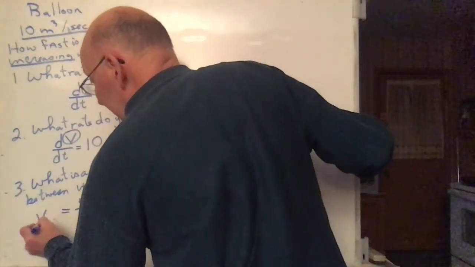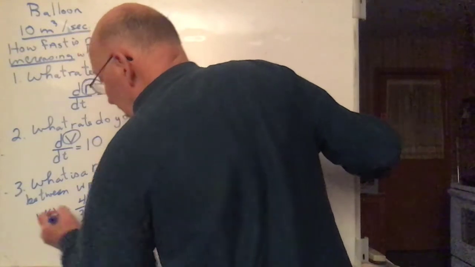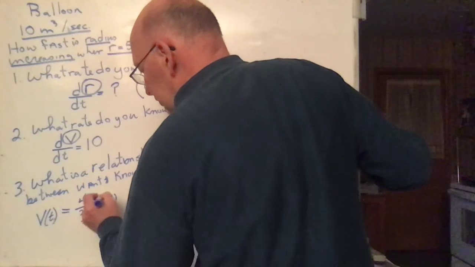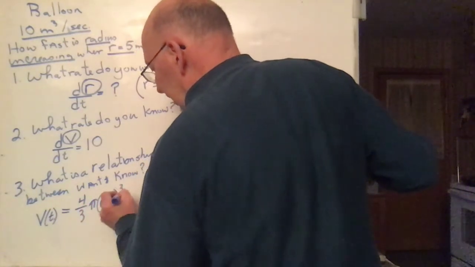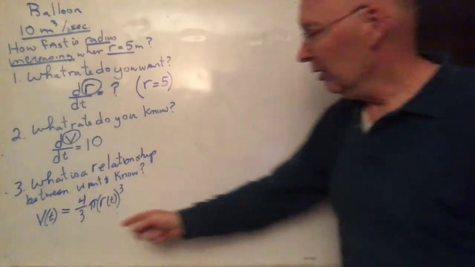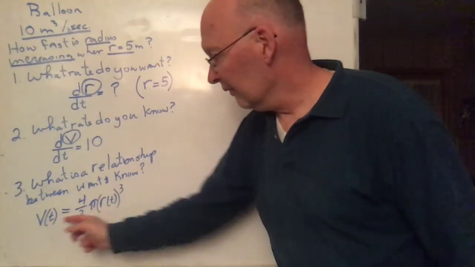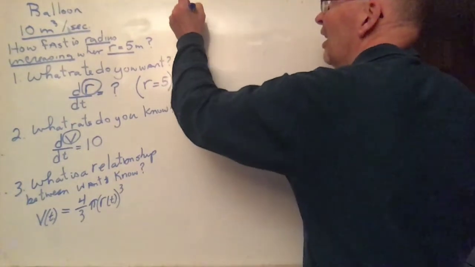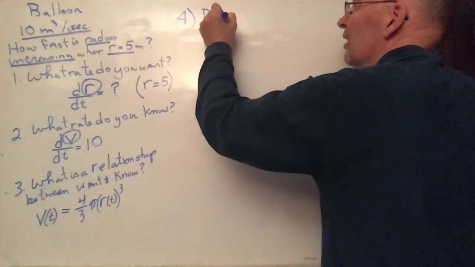So I'm going to write V of t is equal to this, and here I'm going to put R of t, because both the radius and the volume change with time. Time is the independent variable. These two things are the dependent variables. Okay, fourth step. Differentiate.